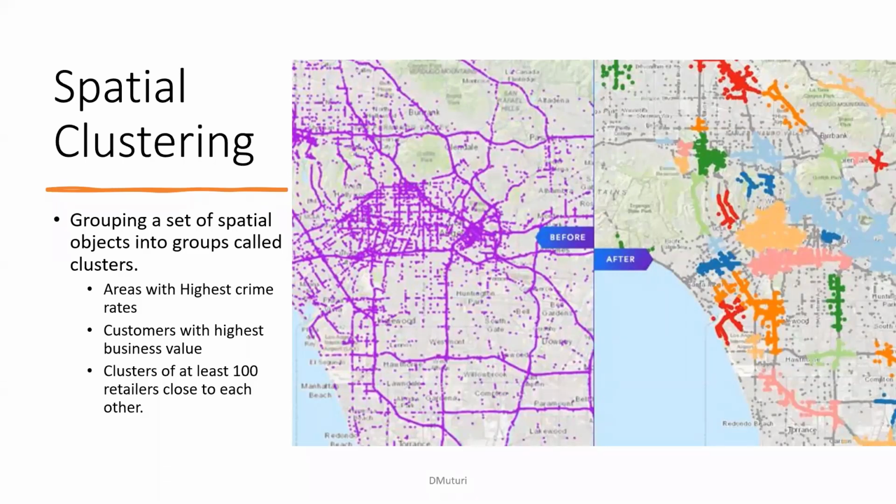So you can do a spatial clustering where basically you are clustering map points. For instance, look at the map before clustering. Let's say these are households within an area.